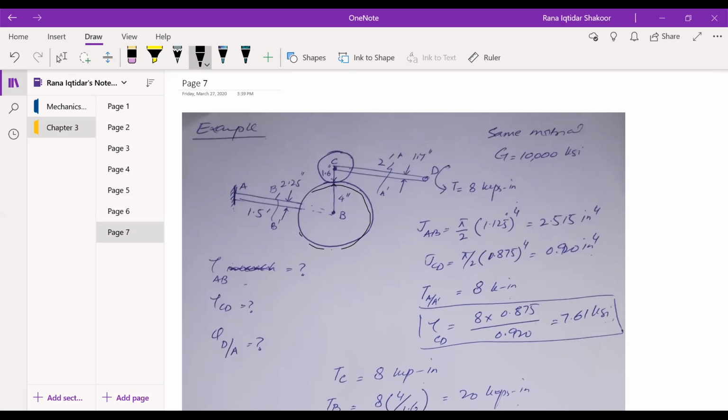Diameter of shaft AB is 2.25 and length is 1.5 feet, whereas shaft CD is 1.7 inch diameter and 2 feet is the length of that one, right?